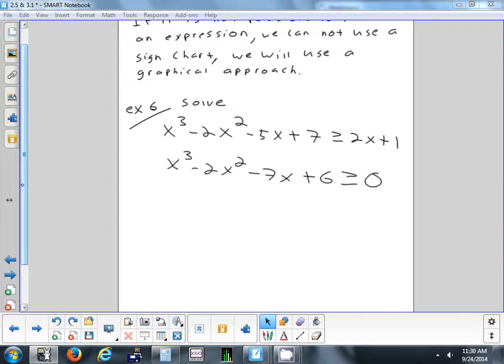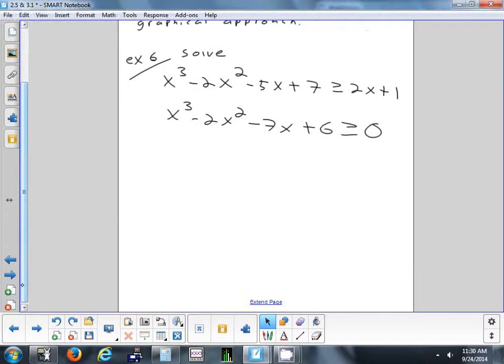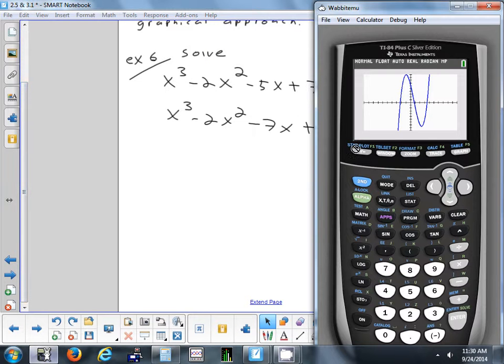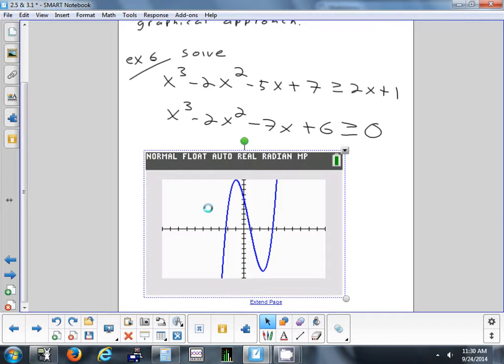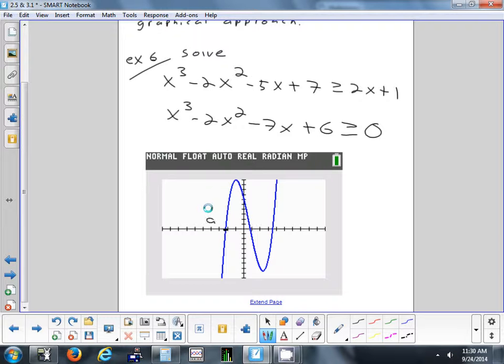Okay, I'm looking for where this graph is above 0. Let's do it like this to save a little time. First thing you'd have to do is calculate that intersection point, which I'll call A, this one, which I'll call B, and that one, which I'll call C. You'd need to find what A, B, and C are. And where am I above 0?